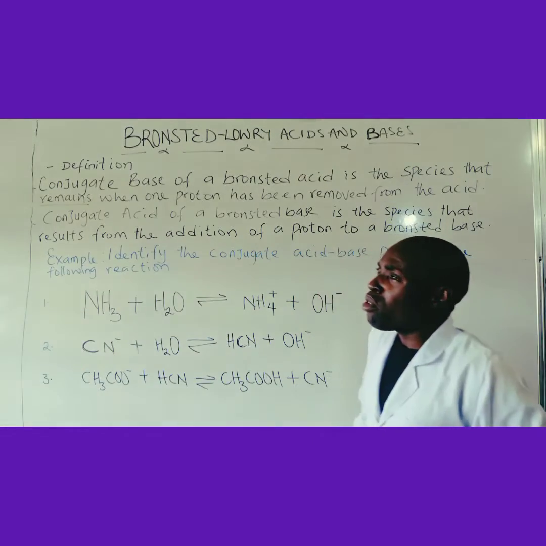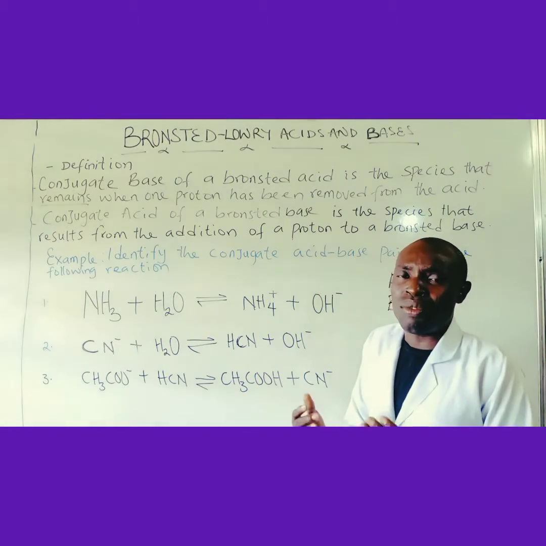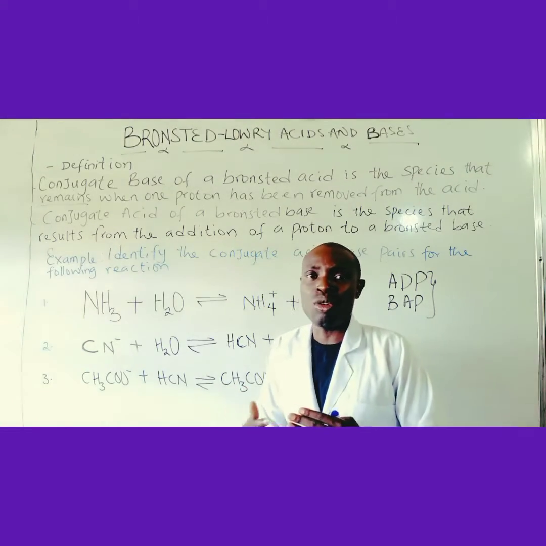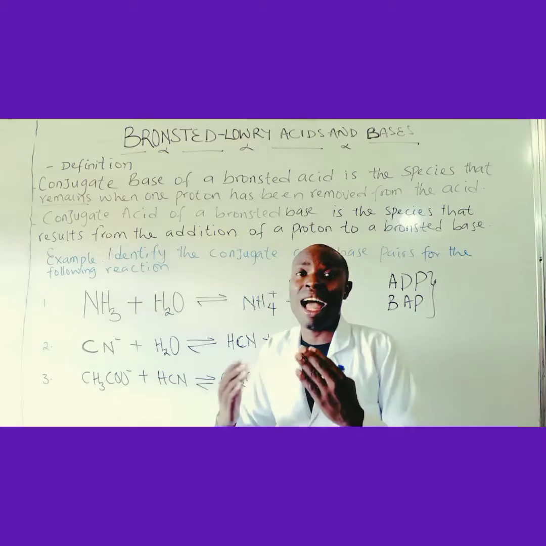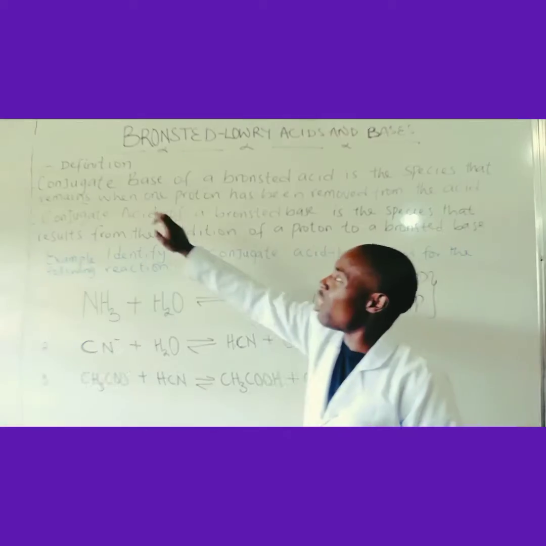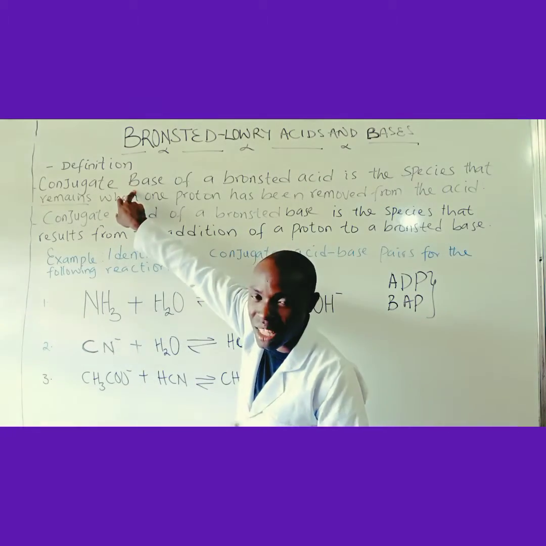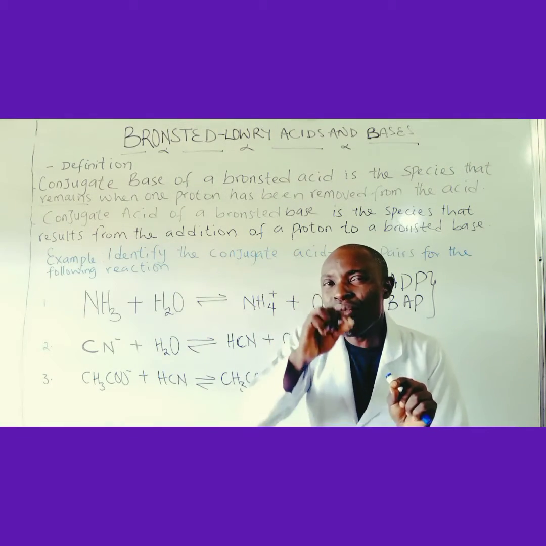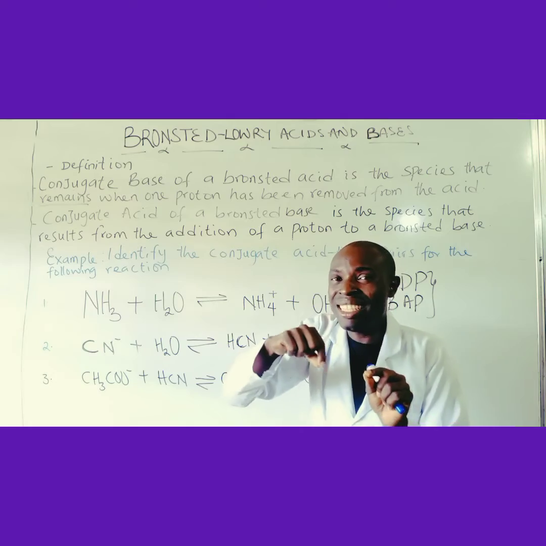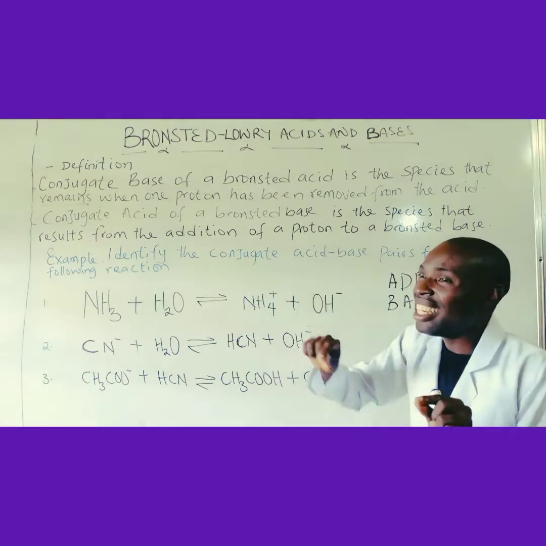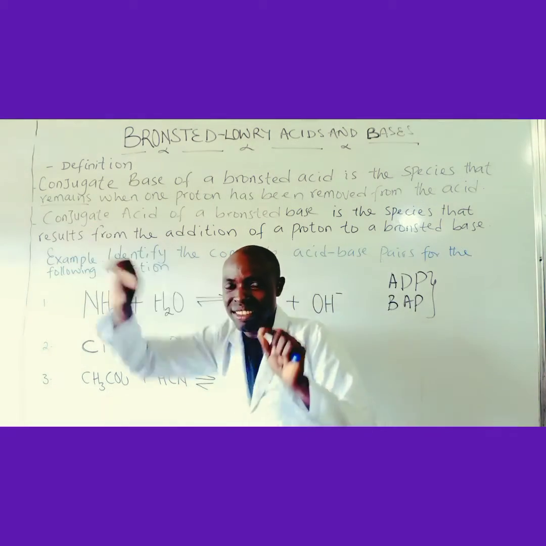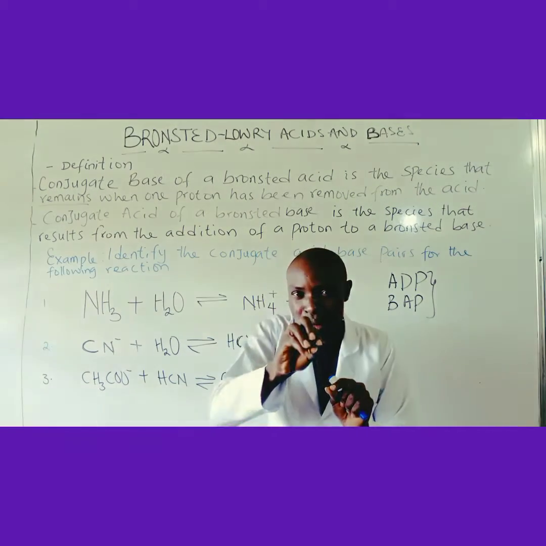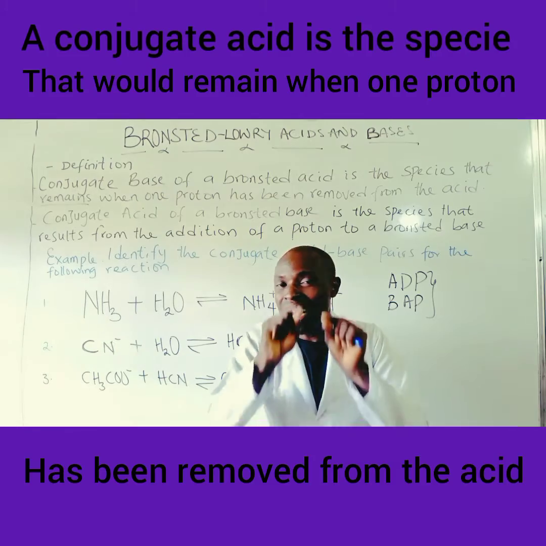Now, when we come again to define the conjugate base according to the Bronsted acid and base, a conjugate base comes from a Bronsted acid, and it is defined as the species that remains when one proton is removed from the acid.